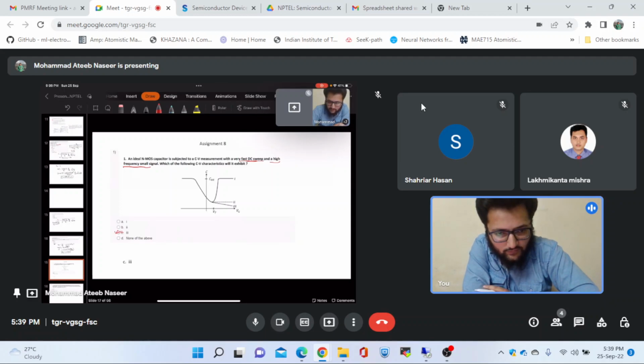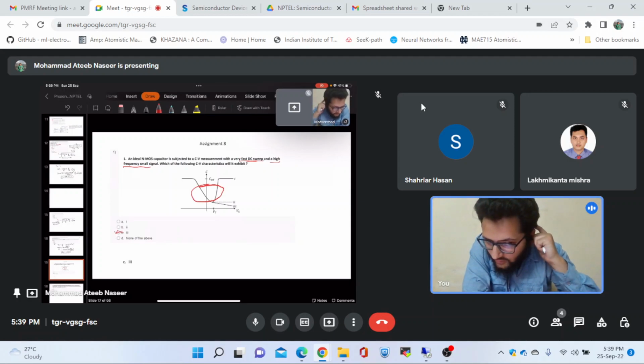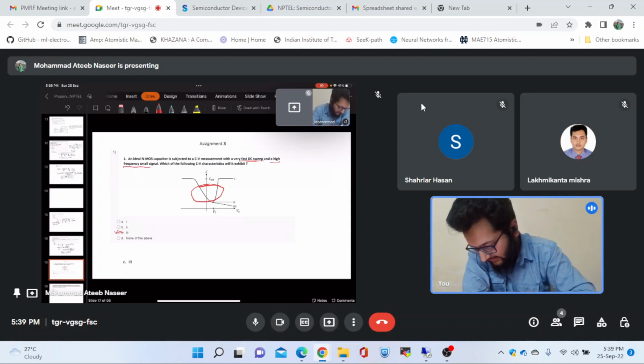But in the range between, in this region, we will have the semiconductor capacitance also, that we need to take into account for the low frequency cases.